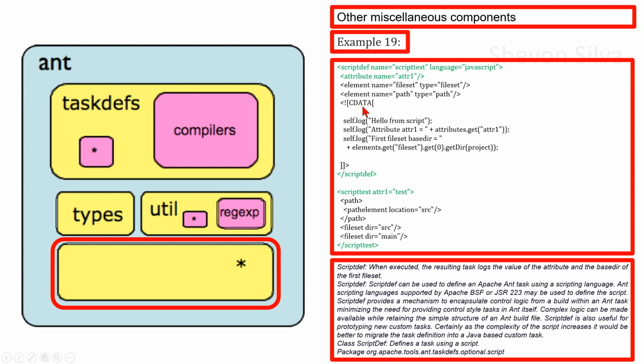When executed, the resulting task logs the value of the attribute and the base dir of the first file set.